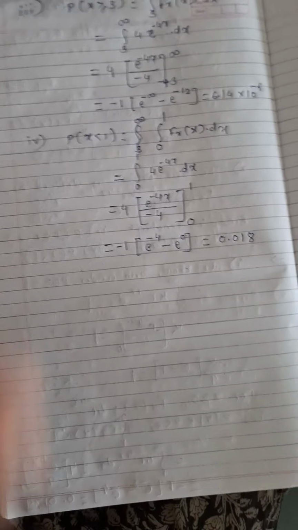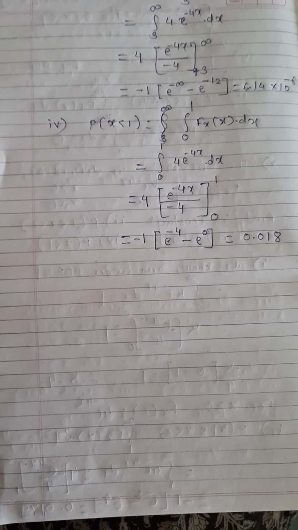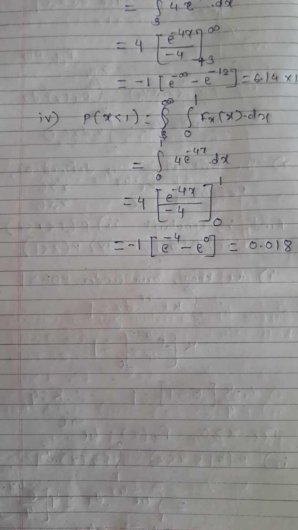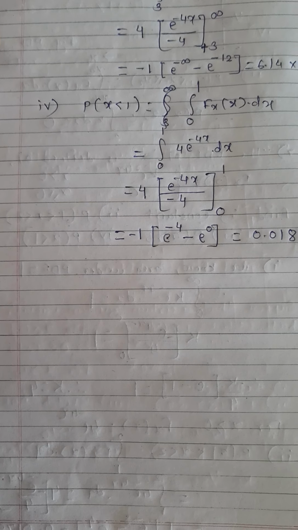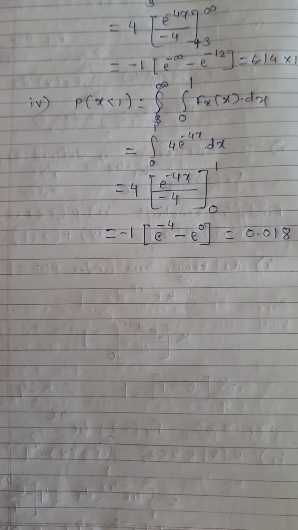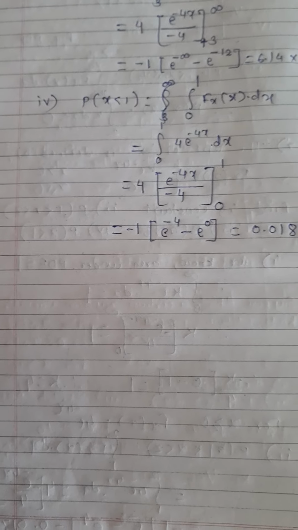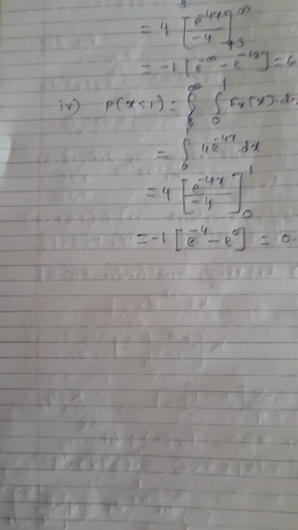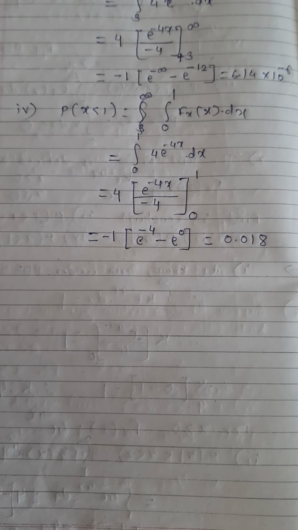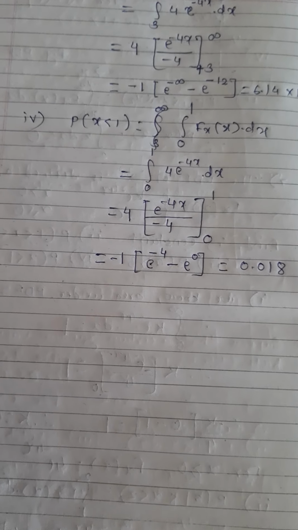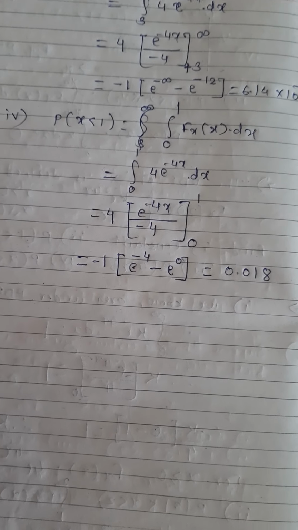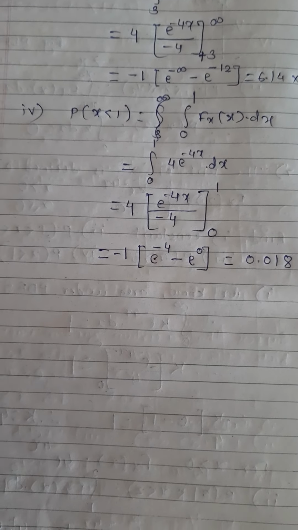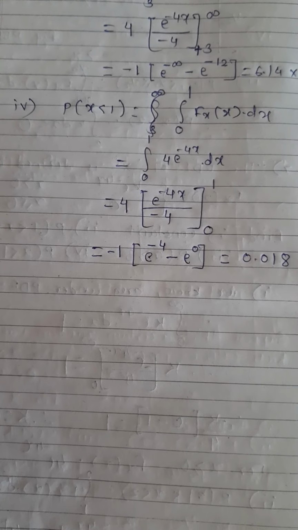Now this type of problem was asked in a previous exam for 8 marks. So these are very simple problems. In this way we can find the values of the probability and the PDF also the constant, that is k.